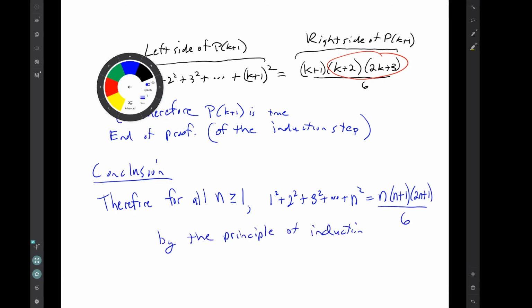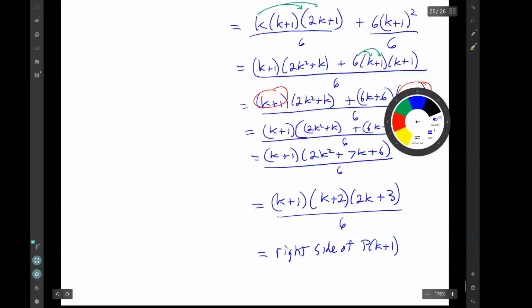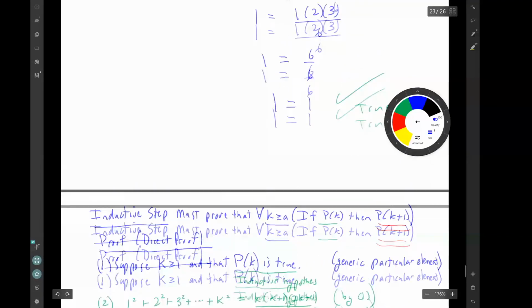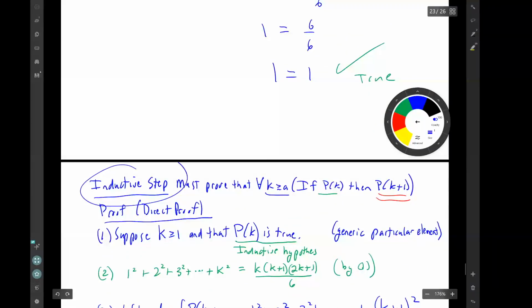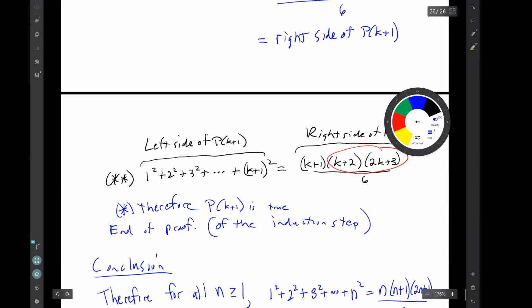So there's our conclusion. Again, our proof has three parts: the basis step, the inductive step, and the conclusion. Because that principle of induction, that rule of inference, had those three lines.